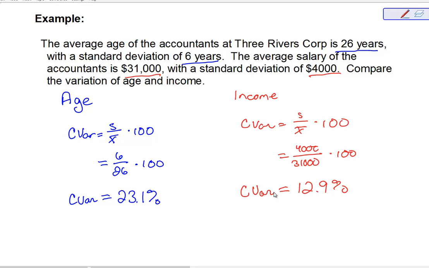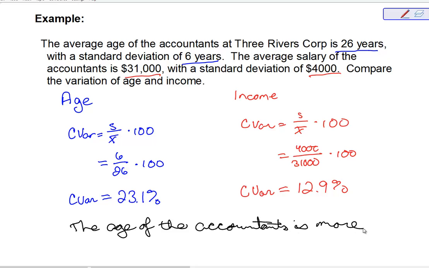Looking at these two, the larger percentage is more variable. Therefore, the age of the accountants is more variable than the income.